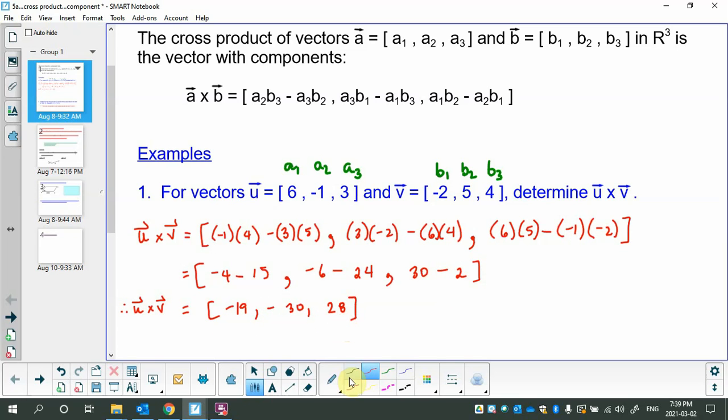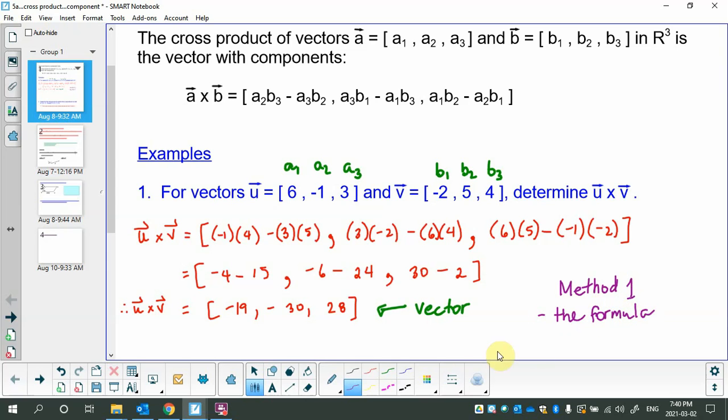So as you can see, cross product is not a scalar. Cross product is a vector. And I'm going to call this method 1, which is the formula.